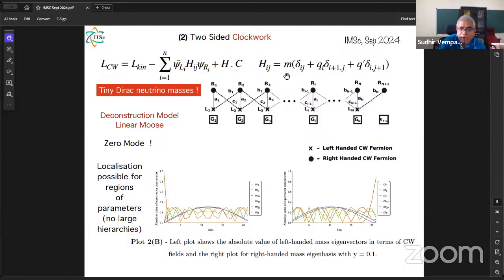In both cases, you have localization only of the 0 mode. And you want to see how good this localization of the 0 mode is versus the modes of this Anderson localization. You can have a check.